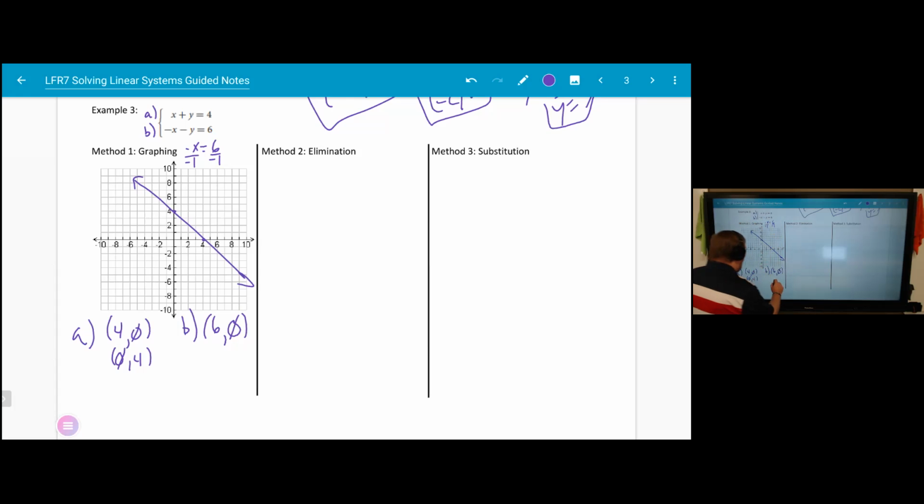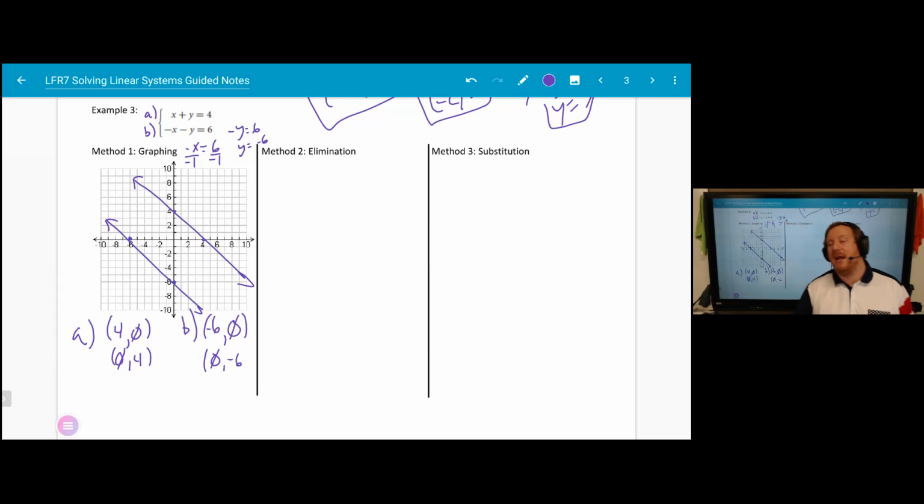For my y-intercept, when x is 0, I'd have negative y equals 6, so y equals negative 6. So I've got (-6, 0) and (0, -6). And in graphing, let's look here. I'm not the best line drawer, as you may know, but it looks to me like these are parallel.